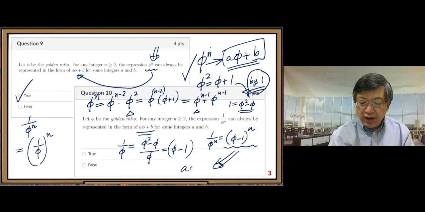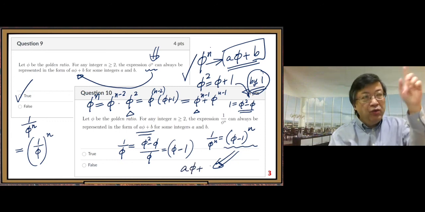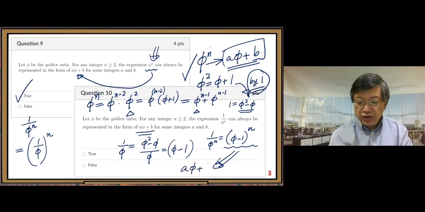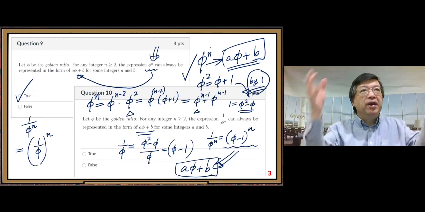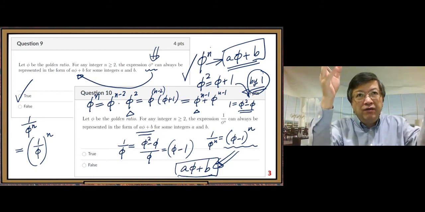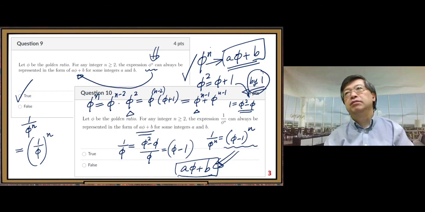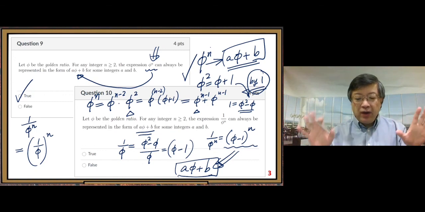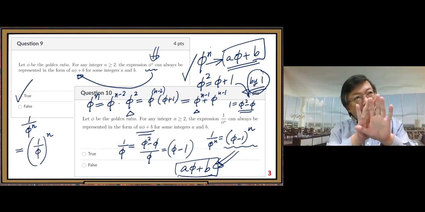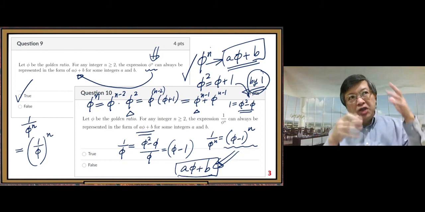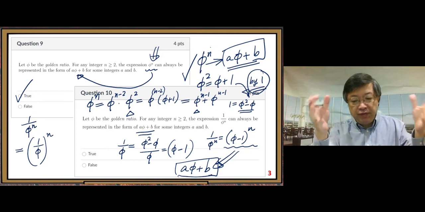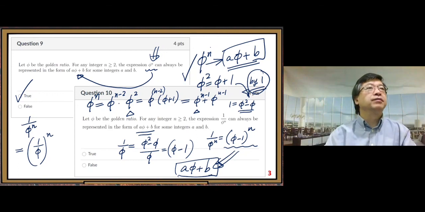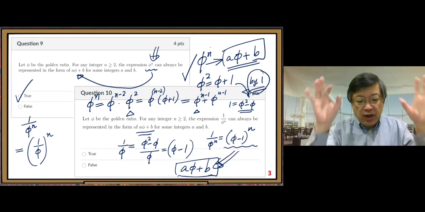So in this way, we can do that degree reduction, the same procedure, again and again. Finally, we can get to the A phi plus B form. Here, I do not need you to give a proof. Just use some reasonable logic to convince yourself it is correct. So that's part 2.